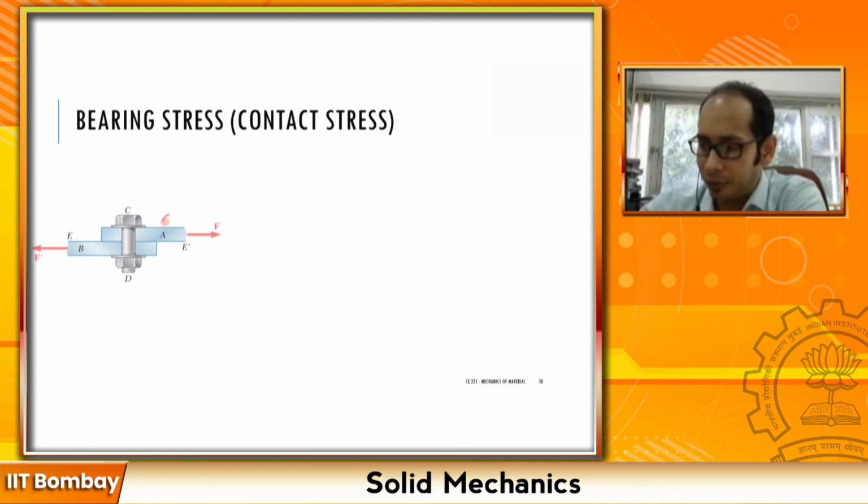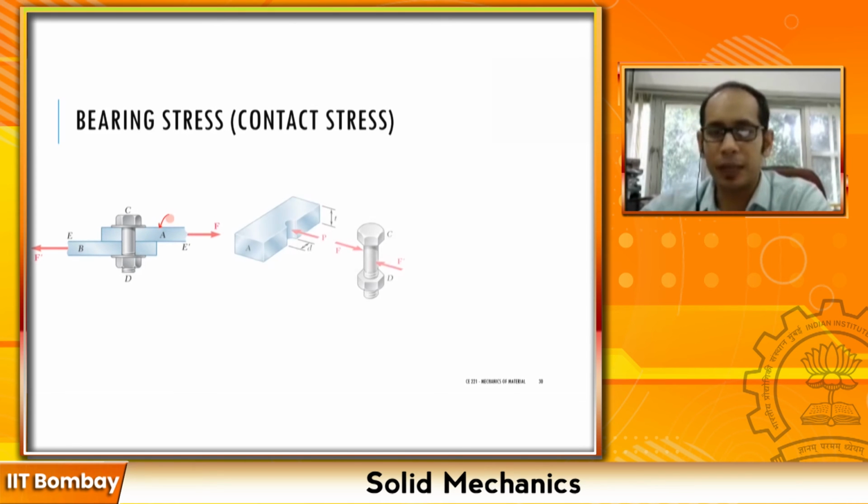Now if I just have to focus on this particular plate A, how does it look? This plate A looks something like this, right? Remember, when I'm pulling it from here, this bolt is facing a force F, which is acting about here, and in turn it applies this particular force P, which is equal and opposite to this F over here, right?